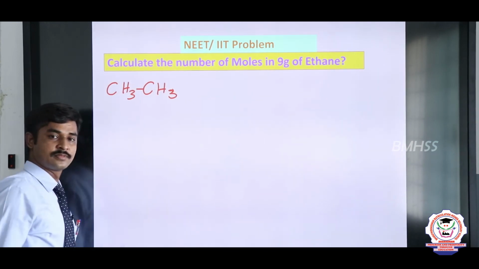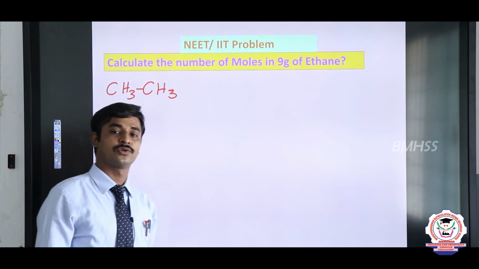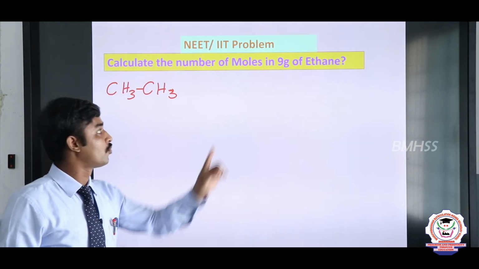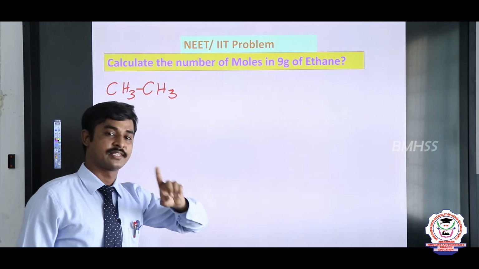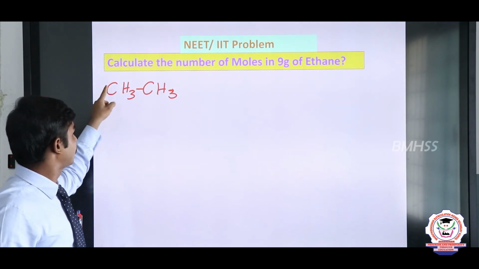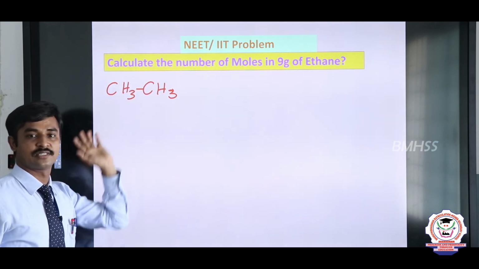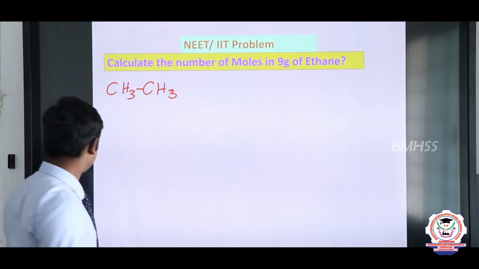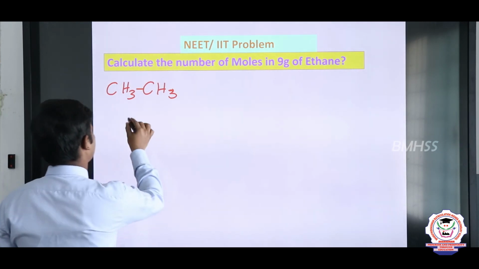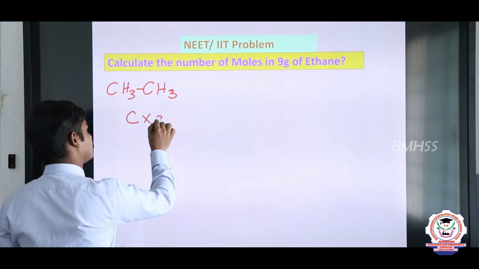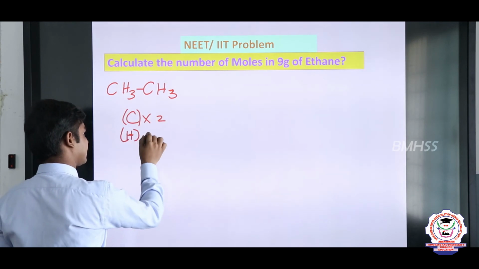Good. To find the number of moles in 9 gram of ethane, we first need to know the weight of 1 mole of ethane. The weight of 1 mole of ethane is calculated by finding the weight of each element present in the compound. For example, in this we have number of carbon atoms 2 and number of hydrogen atoms 6.